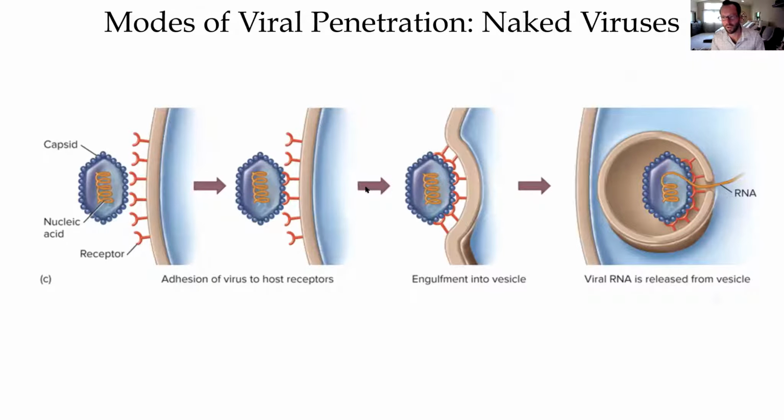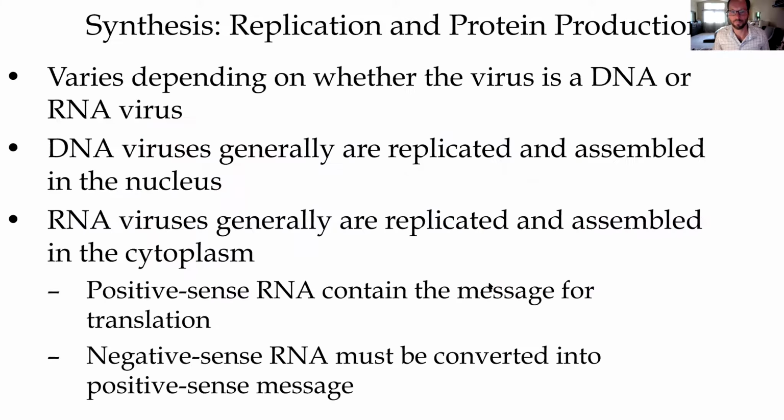This is a naked virus, so same kind of thing. It binds to the cognate receptors, and then it internalizes it in the form of a vesicle, and the vesicle breaks down. Okay, so slightly different things to achieve the same overall goal of being transported inside that host cell.